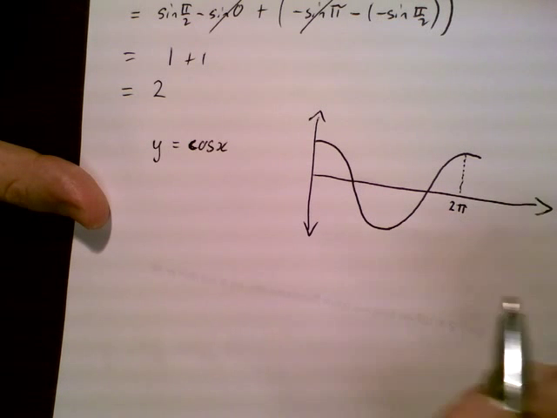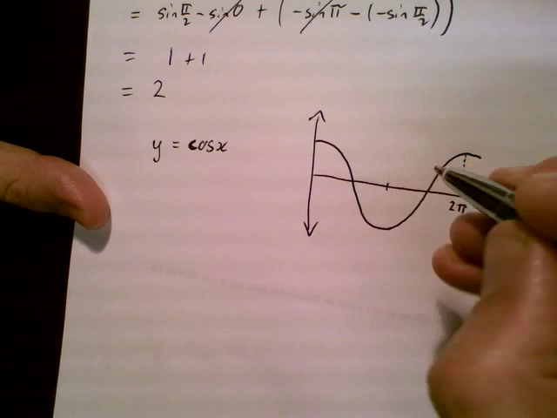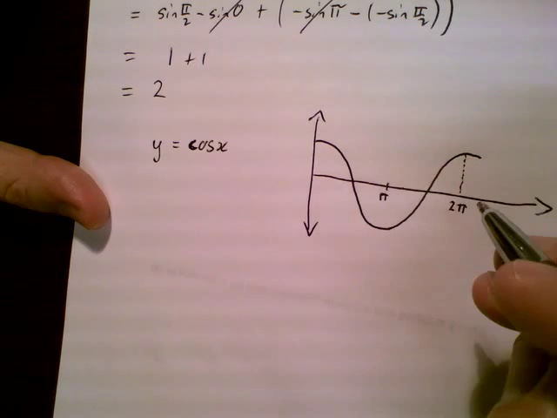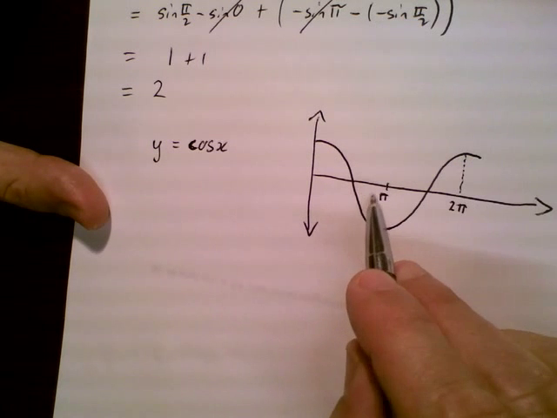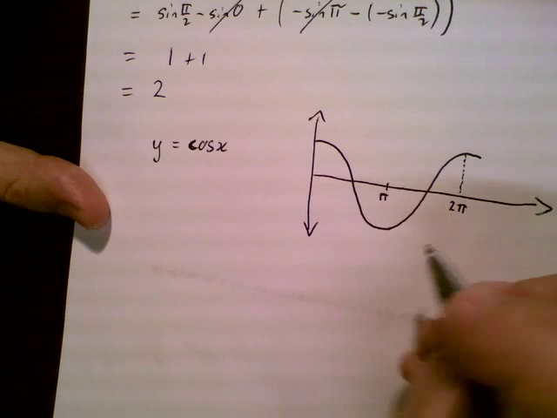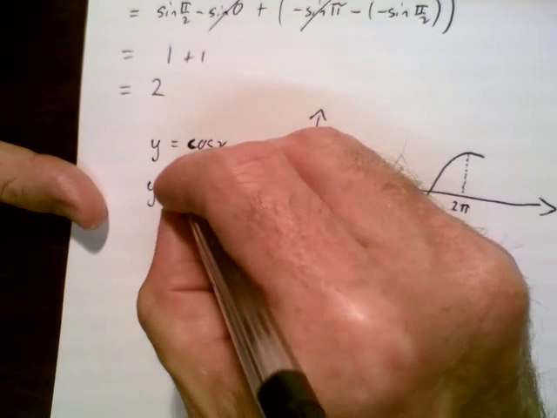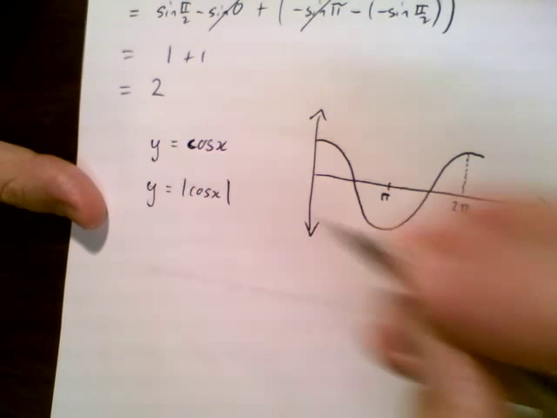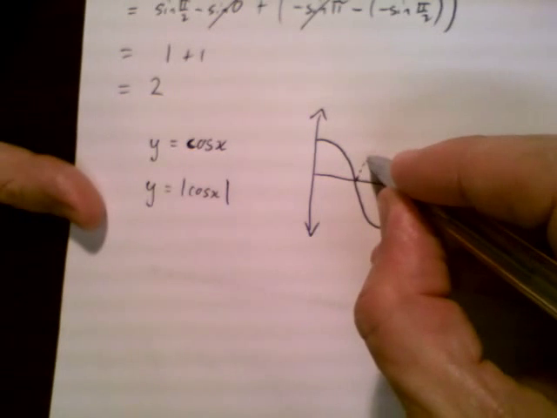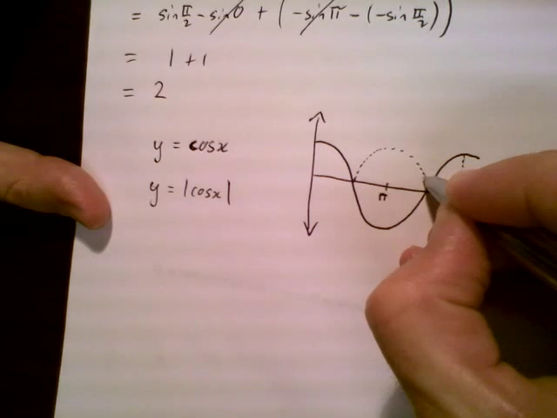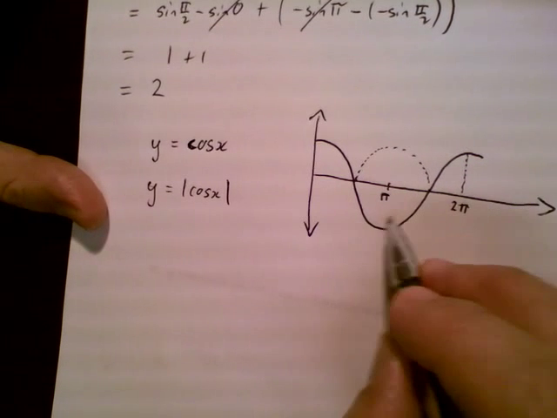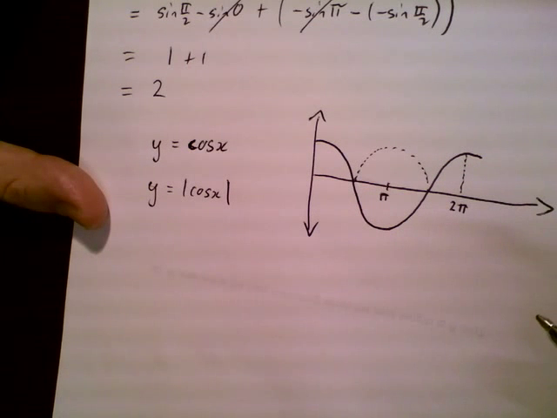And we can see with this particular graph, that would be pi at that point there. For these values where the function goes below 0, if we were graphing y is equal to the absolute value of cosx, this part of the graph would just reflect about the x-axis. In other words, we're just multiplying the function by -1.